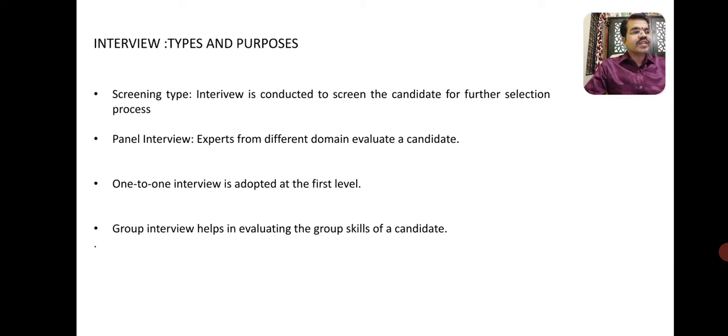And now going further, we have something called the one-to-one interview. What is this one-to-one interview? Just as the screening interview, the one-to-one interview is generally adopted at the very first level, because in the one-to-one interview, it can happen between the candidate and the HR of the company. So all the basic information is also shared between the HR and the candidate.